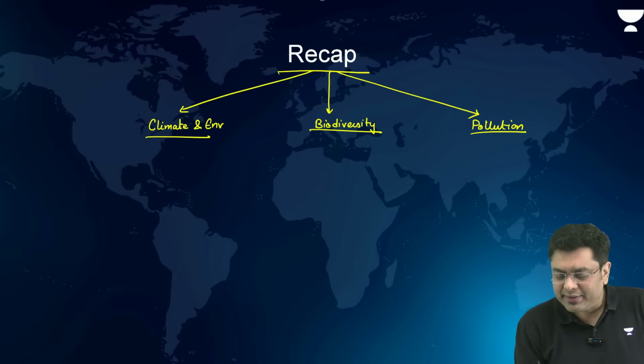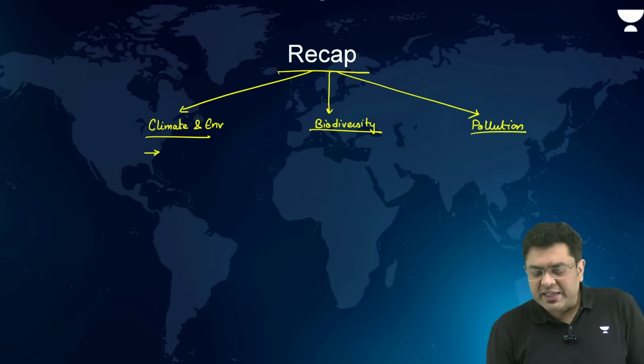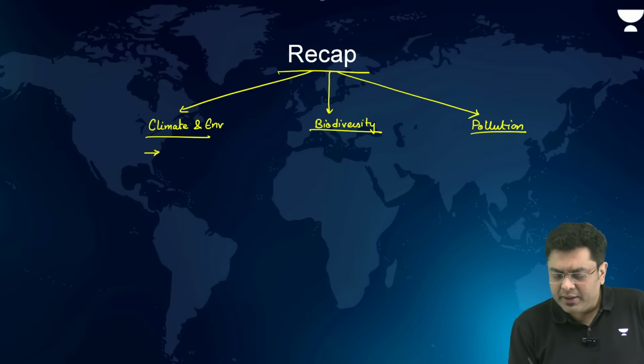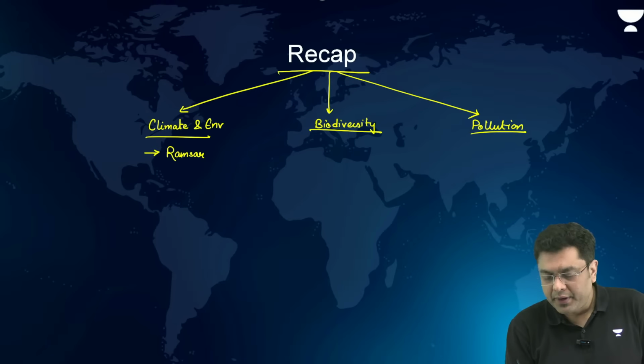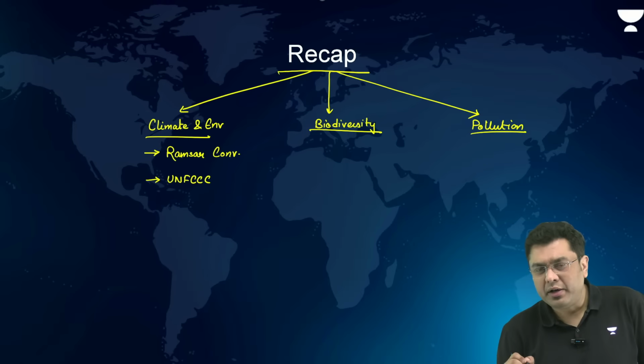So, under this, which are the conventions you can start with? Start with Ramsar Convention, because that is for conservation of environment. Then you have the United Nations Framework Convention on Climate Change. That was arrived at Rio Summit.